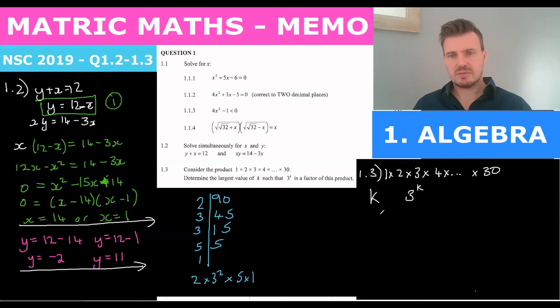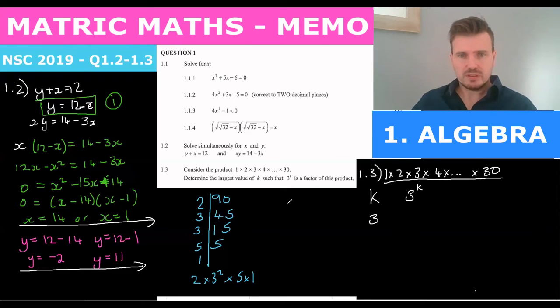What we're saying is, how many times does 3 go into this large number here, which is 30 factorial? How many times does it go in, as it is a prime factor?